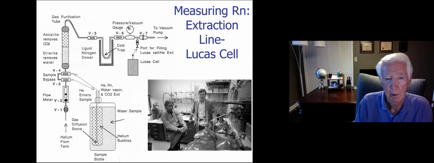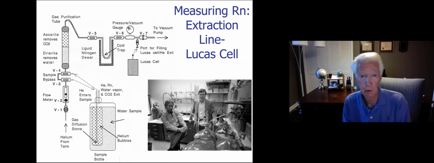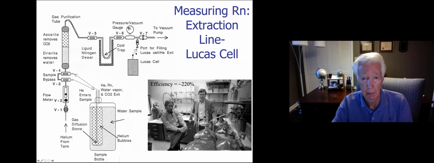And so the radon condenses on the cold trap. Helium does not, and so it's vented to the atmosphere through this port, which is also used for the quick connect connection to the Lucas scintillation cell.